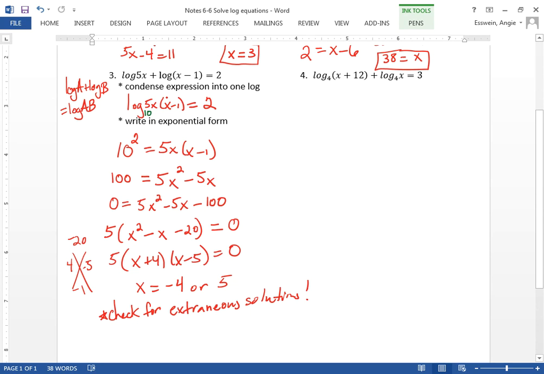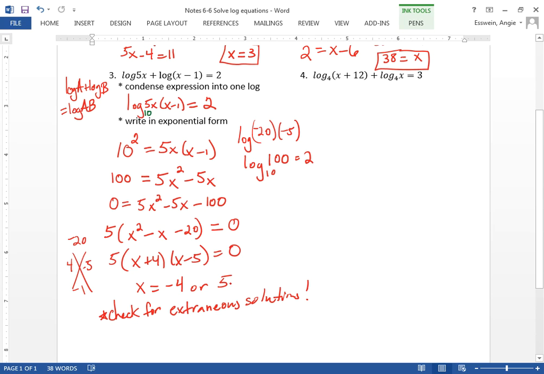That one might work. Let's see. If you take log, let's try negative 4. So you get log of negative 20 times negative 5. That one might work. Log of 100 equals 2.